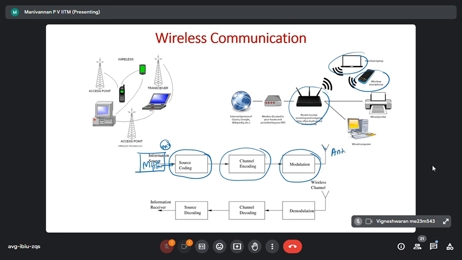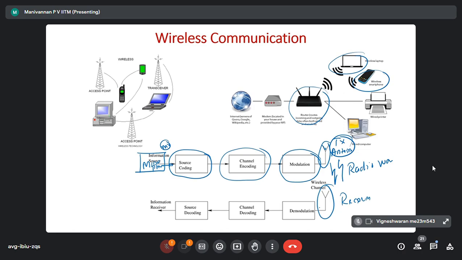This is the symbol for antenna. This is called transmitting antenna. Then from here, this is transmitted. This is called radio waves. From transmitting antenna, radio waves are traveling, right? And it comes and hits the receiving antenna. This is receiving antenna.